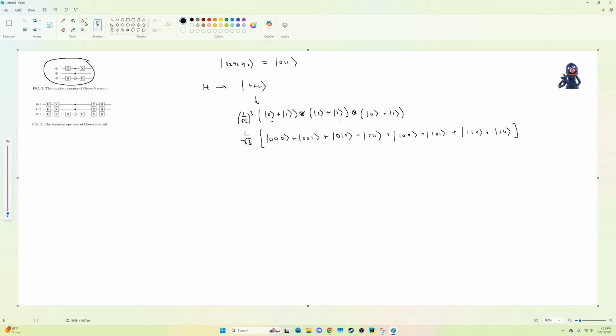Then we're going to apply the X gate to q0, wherever q0 is. Whatever q0 is, we flip it. So q0 is the rightmost qubit in this instance. We get 1 over square root of 8, and I don't feel like writing that again, so let's just write it right over wherever it is.